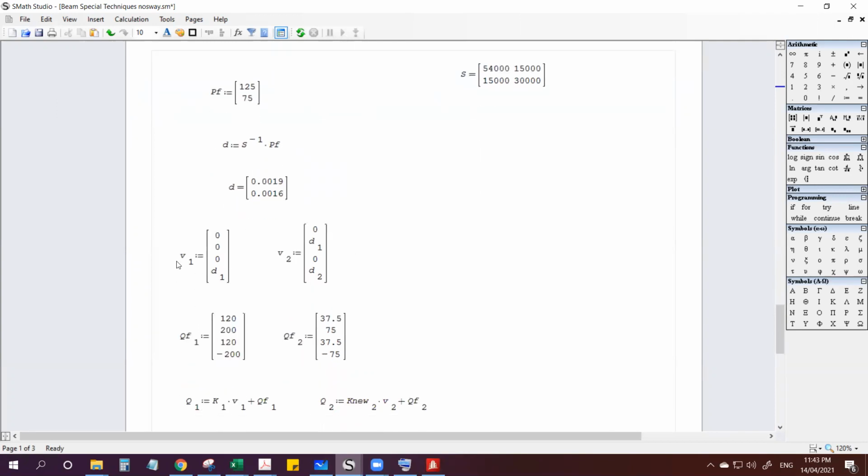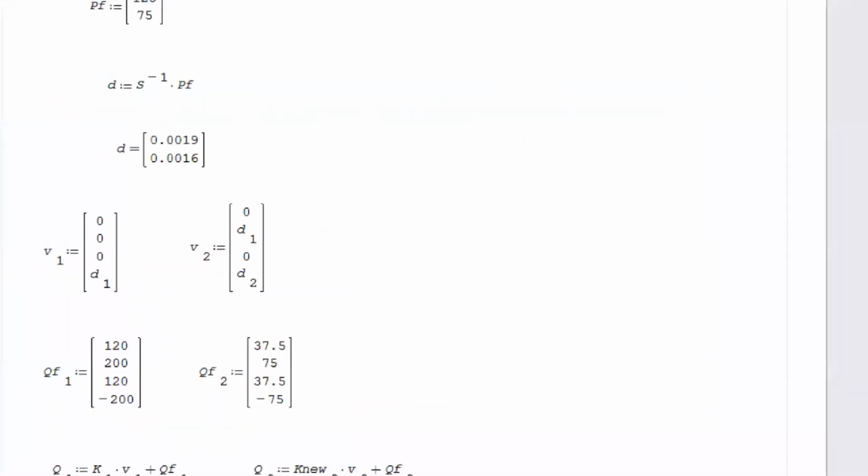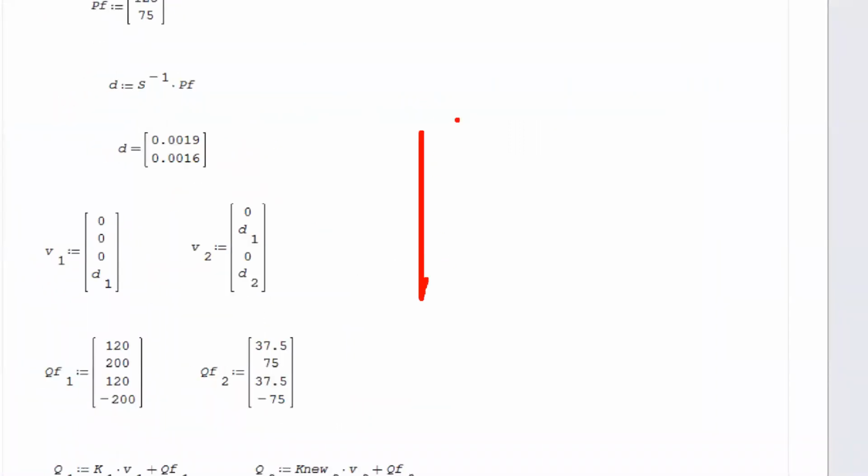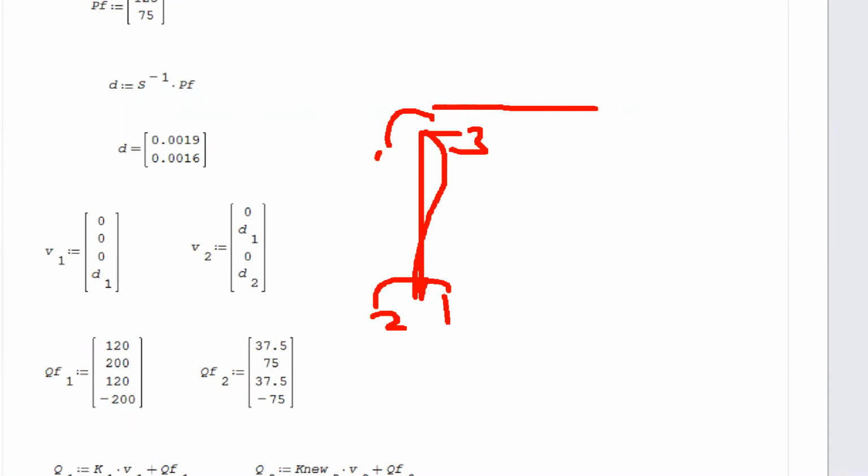Now setting up the global displacements, because we have this, we only have rotation here, right? So that will be, you don't have displacement on 1, rotation at 2, no sway at 3, but only rotation at 4.